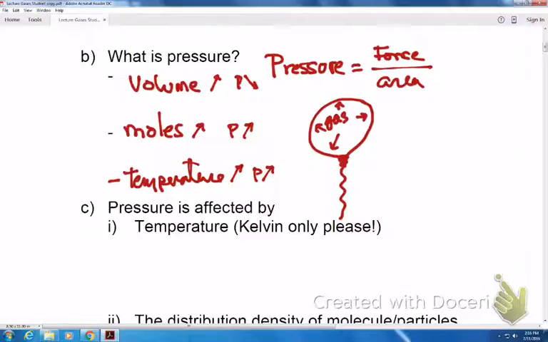Okay, so I said pressure is affected by temperature. One of the things you need to get used to is the Kelvin scale. You can't quite understand it until we study some more of the gas laws.